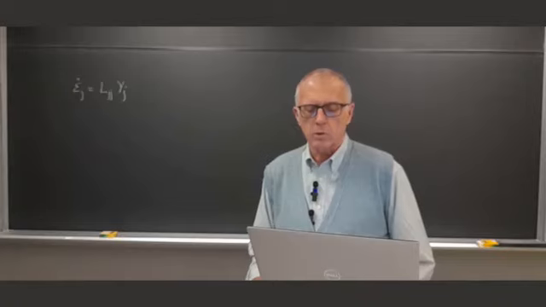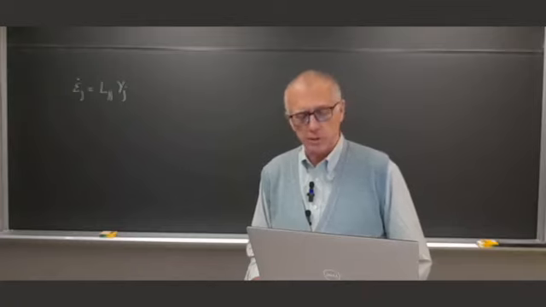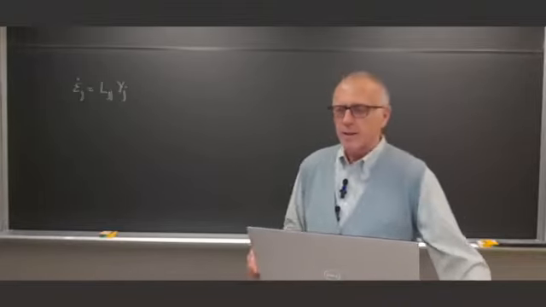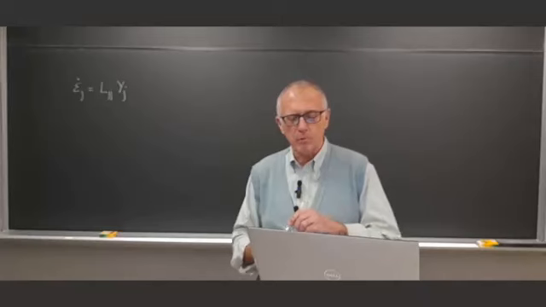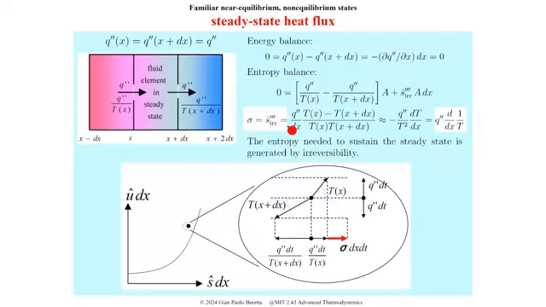From now on, when you see sigma, it's not the stress tensor, it's not the surface tension, it's the rate of entropy production per unit volume. Sometimes different fields use the same symbol for different purposes, but there is only one Greek alphabet.